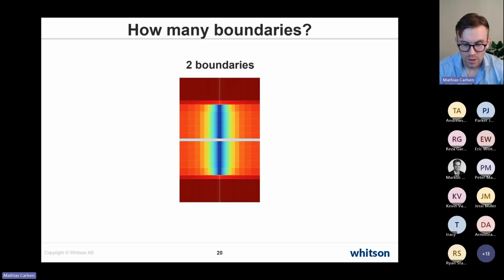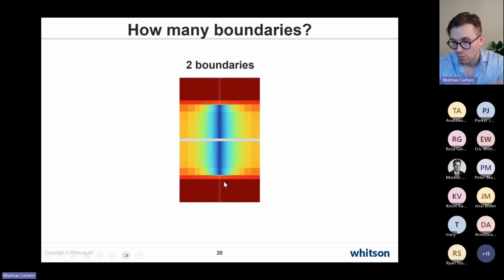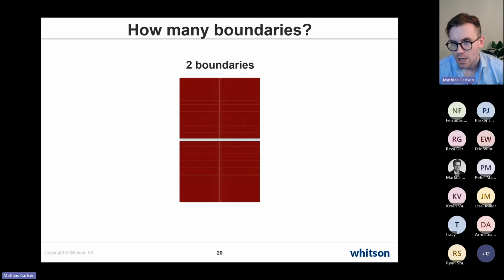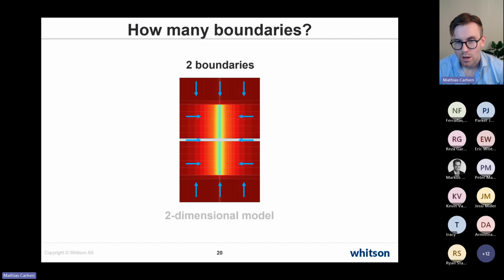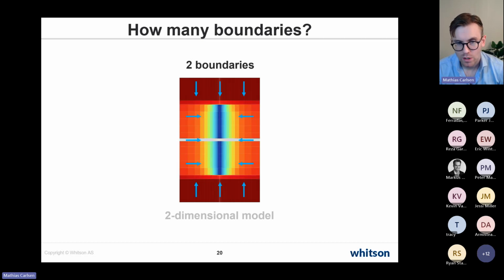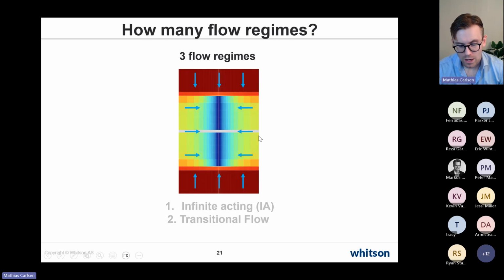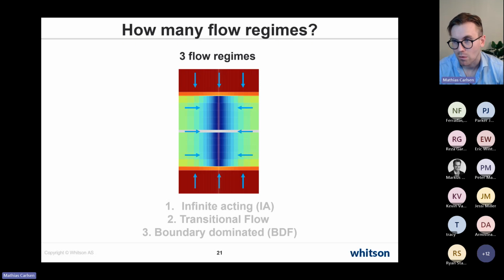But that is a relevant model in a lot of these plays, especially if you're a little bit higher perm on a relative basis. But here for you guys, this is a 2-dimensional model, has 2 boundaries, and it has 3 flow regimes. It has first infinite acting flow, and then we've started to hit the boundaries here, and then you're in transitional flow, and then if you run this well out forever, you'll be in boundary dominated flow.